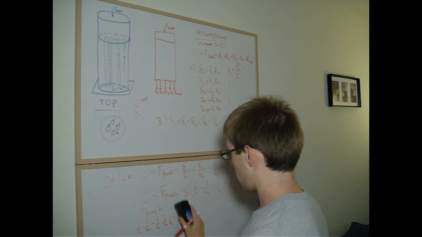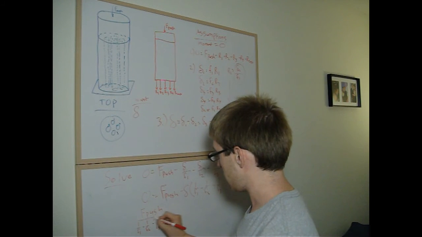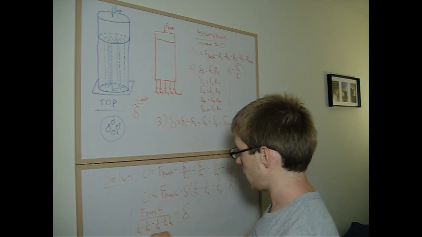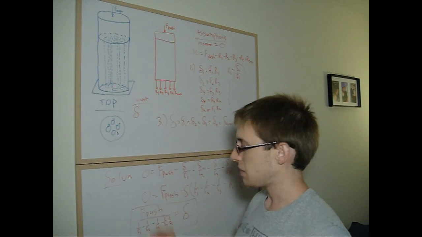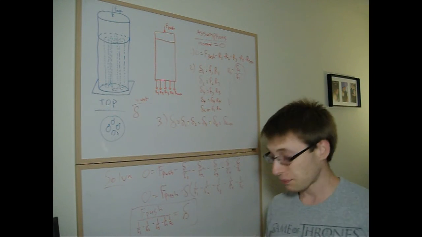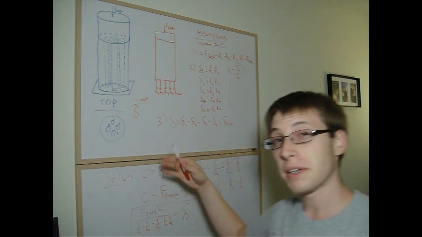That is all solved for delta. So we have our delta right there. This is actually the answer to the problem, and that is how we go through that system and solve that problem.